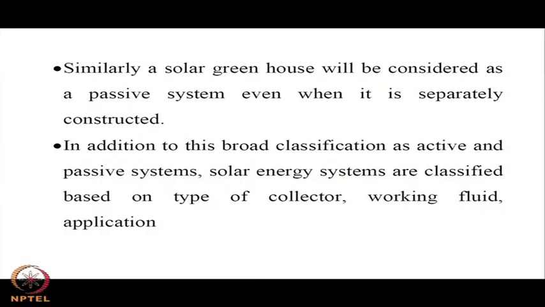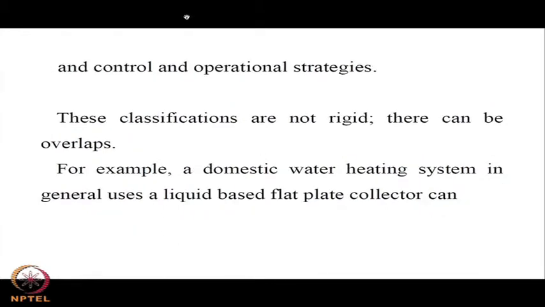In addition to this broad classification as active and passive systems, solar energy systems are classified based on type of collector, working fluid or application, and even the control strategies.